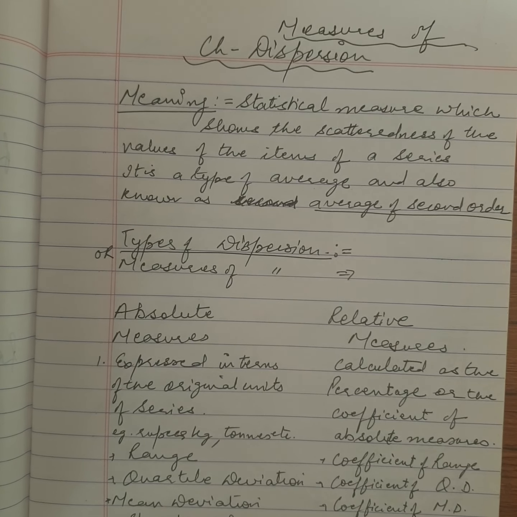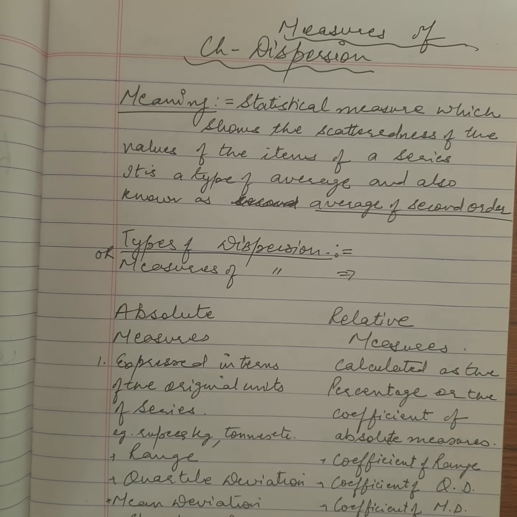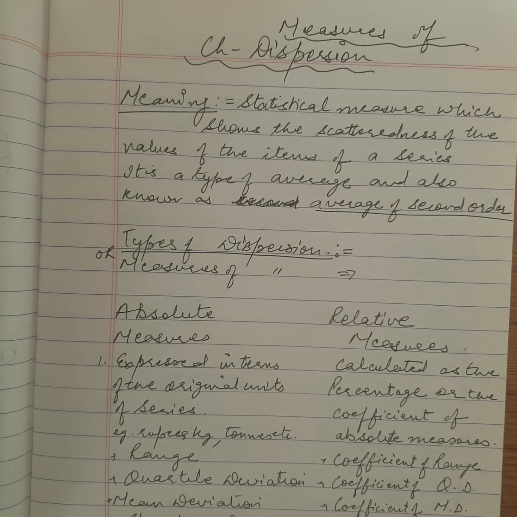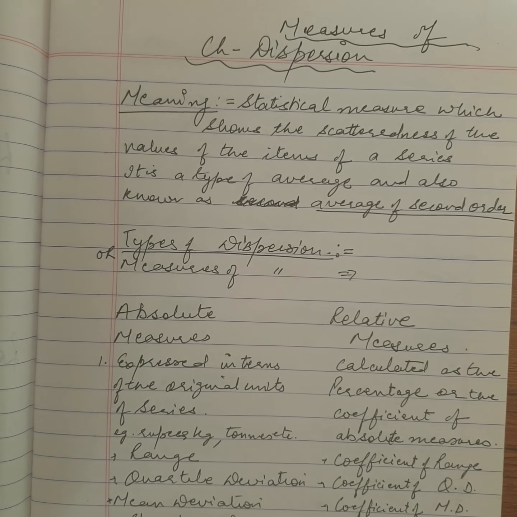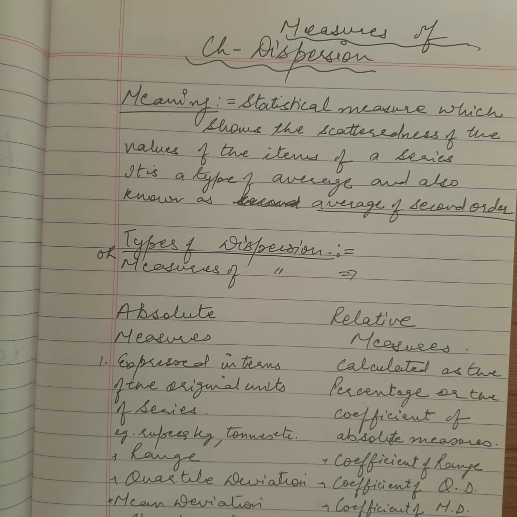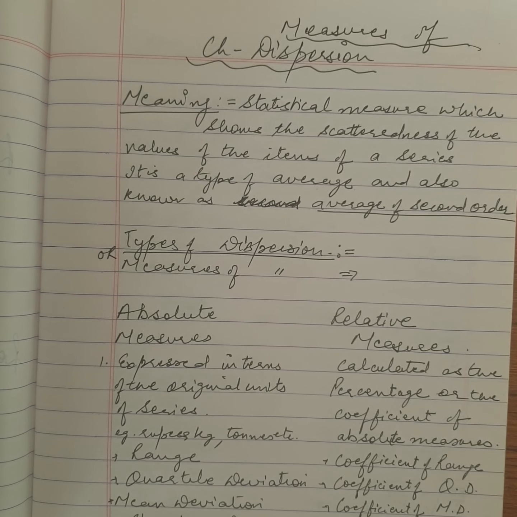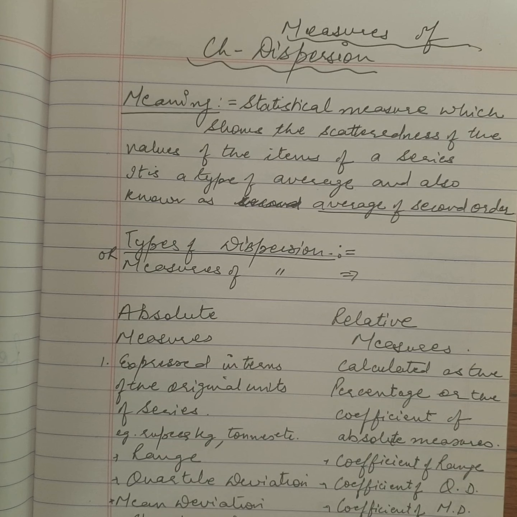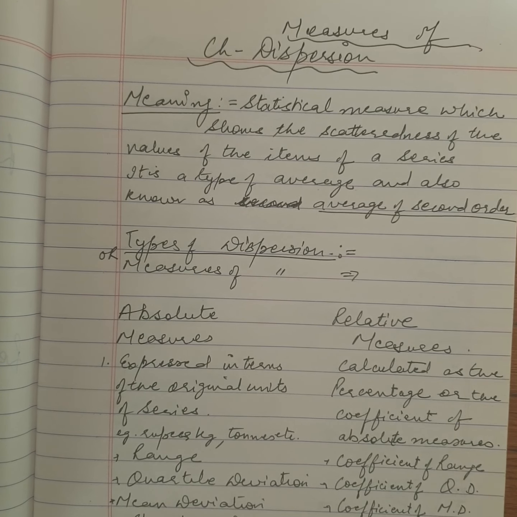You can say dispersion is a measurement of the extent to which individual items vary, or how much variation there is in that series. Sometimes it is also known as average of second order.